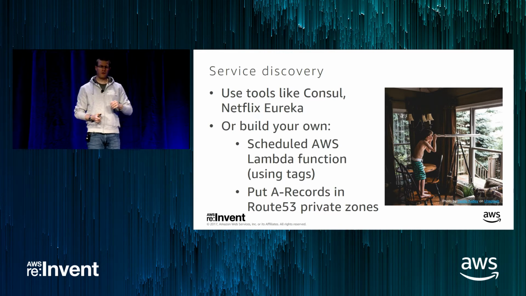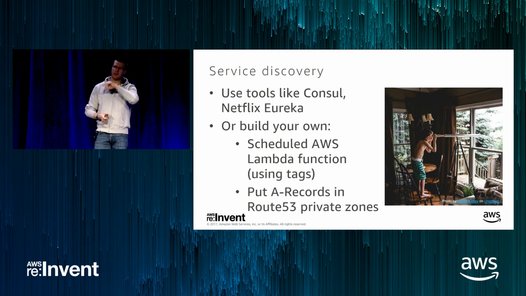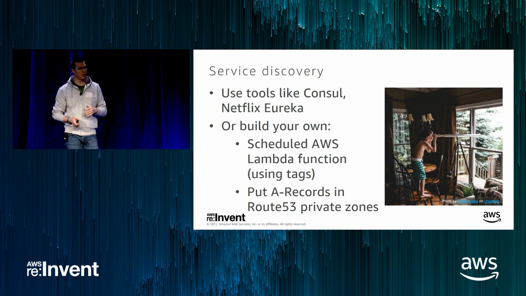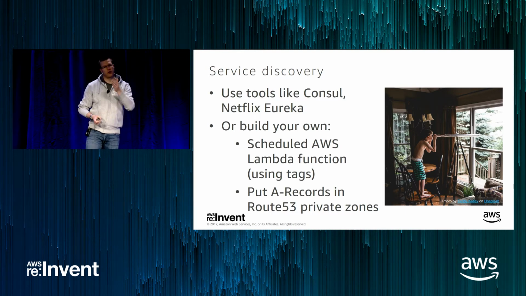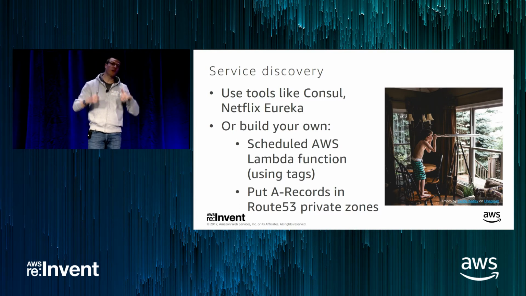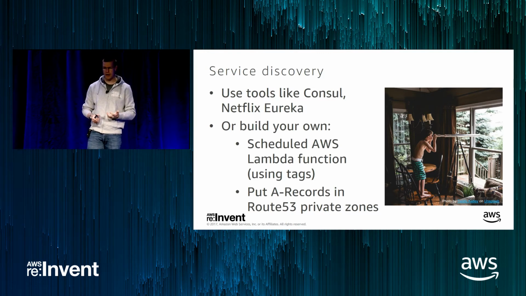And then this Lambda function just gathers all the internal IP addresses that are used inside of our VPC, and then we put that as an A record inside of Route 53. So we have internal or private zones in Route 53, which then say something like web.internal.mydomain.com. And under this, I get all internal IP addresses I'm using for all the web servers that are live and online right now.